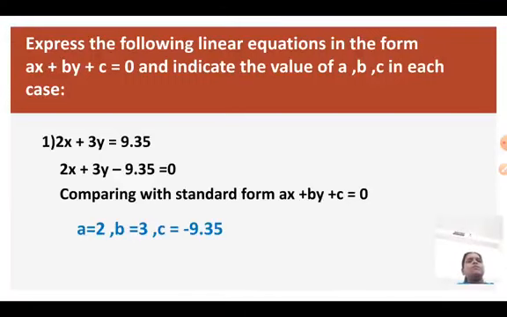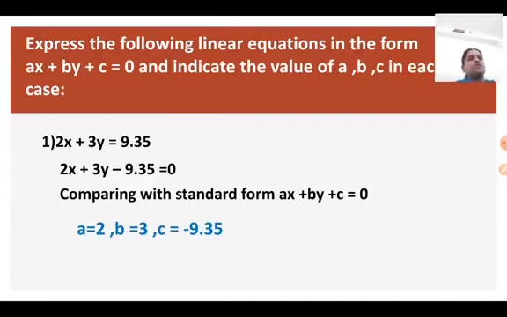Question number 2. Express the following linear equations in the form of ax plus by plus c equal to 0. That means it is in the standard form. And indicate the values of a, b, c in each case. See here, one more important point I would like to tell you.